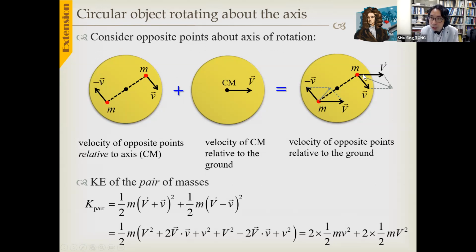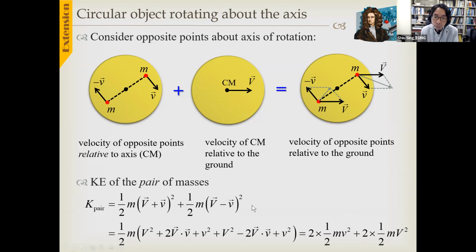I consider now the total kinetic energy of these two particles. For the first particle, I have half m (big V plus small v) squared. By square, what I mean is the dot product of a vector with itself, so it's the square of the magnitude of that vector.